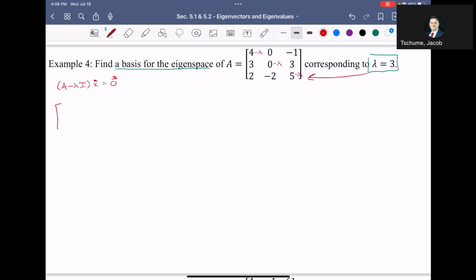When I plug in 3 to all those lambdas, you will get 1, 0, negative 1, 3, negative 3, 3, and then 2, negative 2, 5. I'm sorry, 2, negative 2, 2. To make it a homogeneous matrix equation, I am going to add the 0 column onto the end.